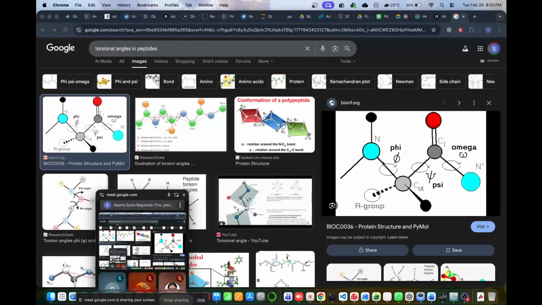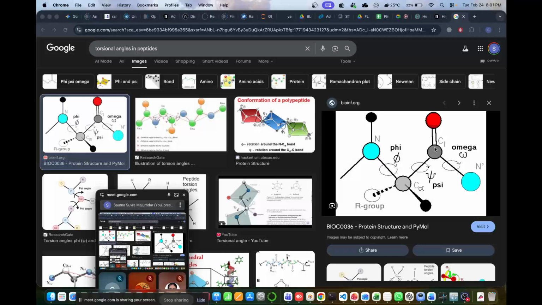So the idea would be that you need this, and the carbonyl carbon. This is the psi angle, this is the phi angle. But to define this, you need the nitrogen atom, the alpha carbon, and the carbonyl atom, which is the carbon and the oxygen. So these four atoms are required to compute these torsional angles of phi and psi, right?